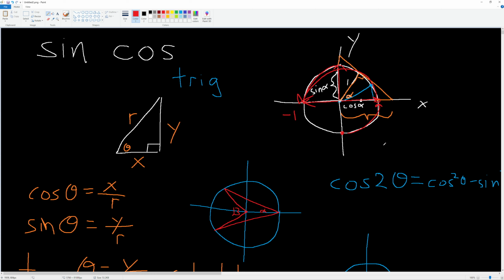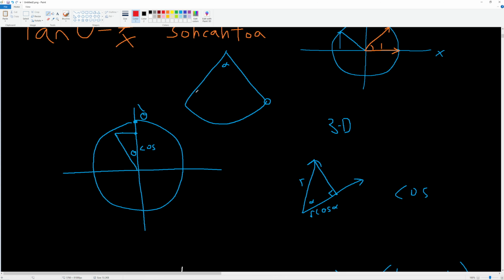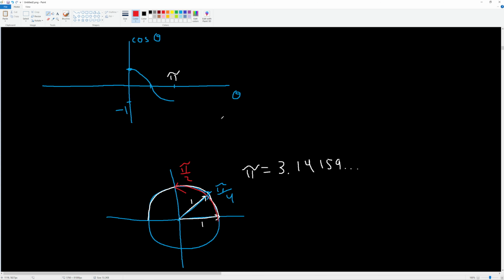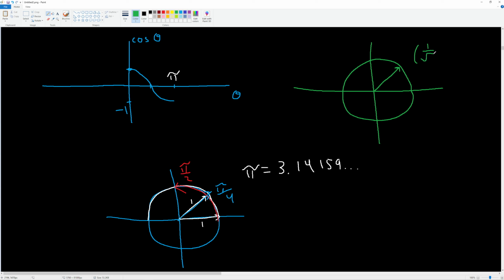And the other things that are kind of useful to remember are that when we're at this 45-degree angle, what is that in radians? Yeah, it's pi over 4. Here, the numbers that come out on the unit circle are 1 over root 2 and 1 over root 2.